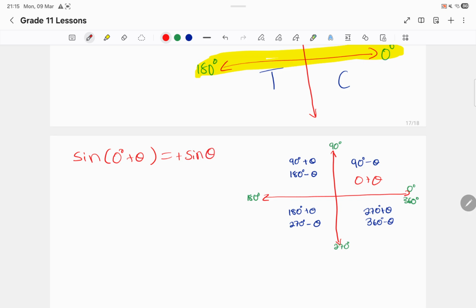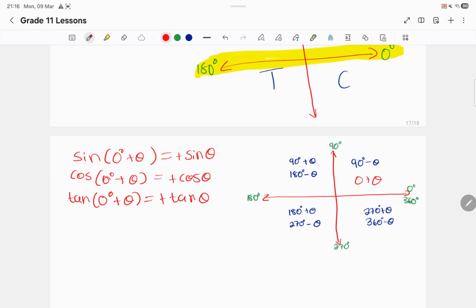When we look at cos of 0 degrees plus theta, this will be reduced to, again, 0 plus. Everything in the first quadrant is basically positive. Even when we go for tan, so tan of 0 degrees plus theta will give us plus tan theta, right?